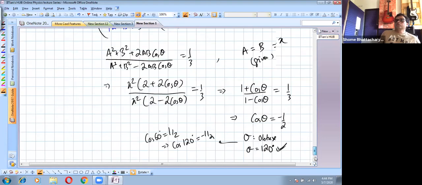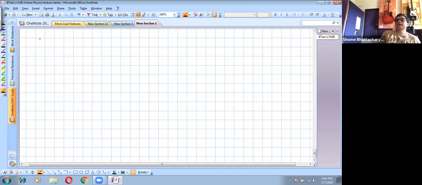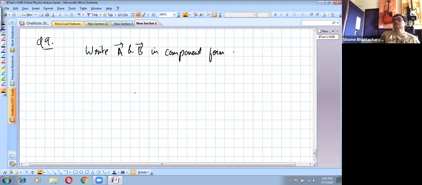Alright, so moving on to question 9 now. So in 9 again you do this: write A and B in component form first. The next step, find A plus B. How much that comes out to be?